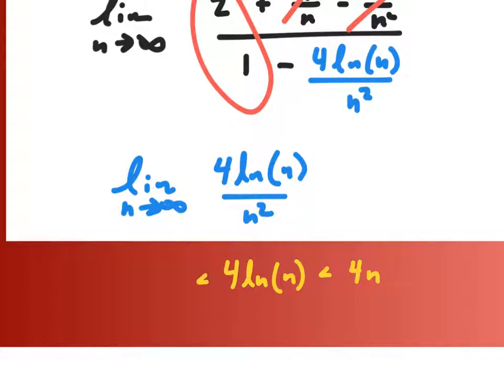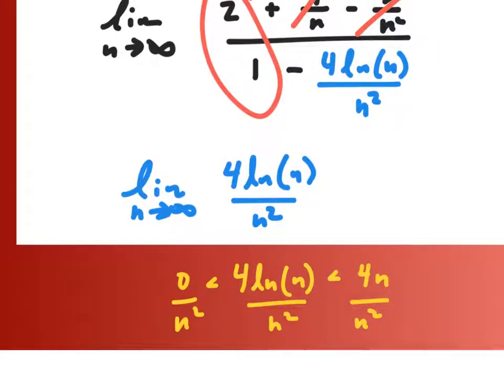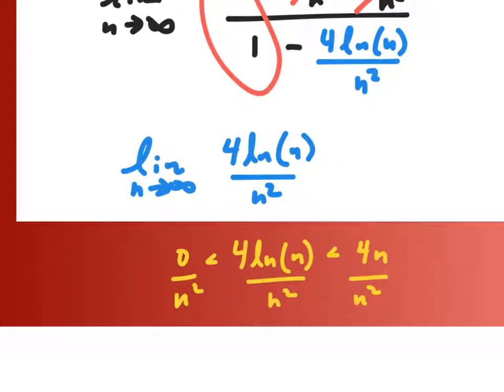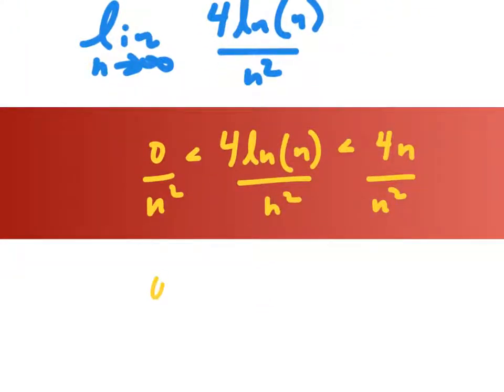And those will both always be greater than 0 as long as n is greater than 1. So if I divide everything by n squared, I would get 0 is less than 4 natural log of n over n squared, which is less than 4 over n.